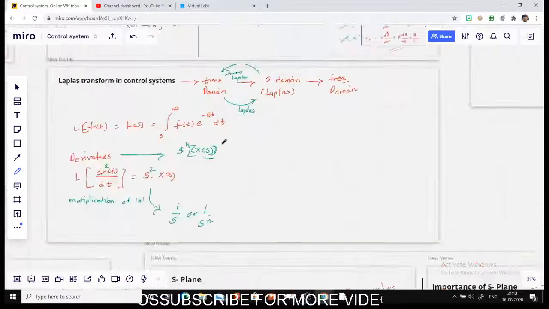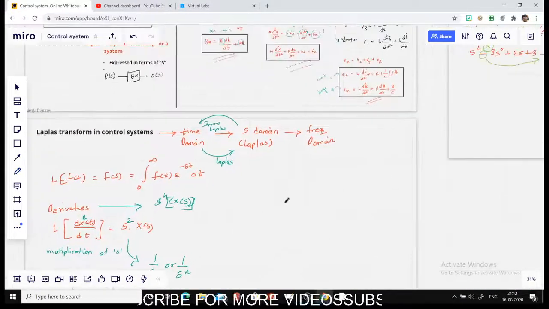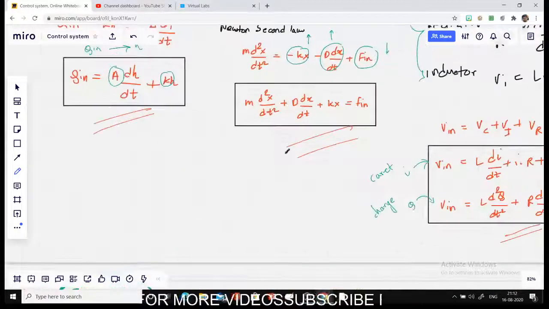Now what happens after conversion with Laplace transform? Let us understand this equation: m d2x by dt square plus d dx by dt plus kx equal to f in.